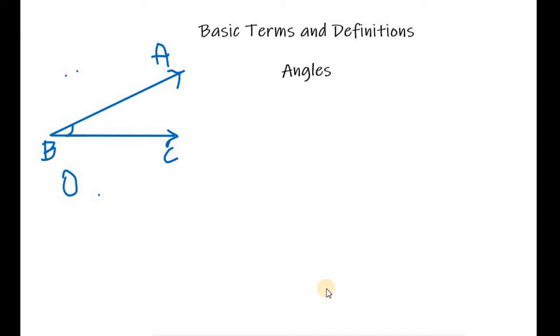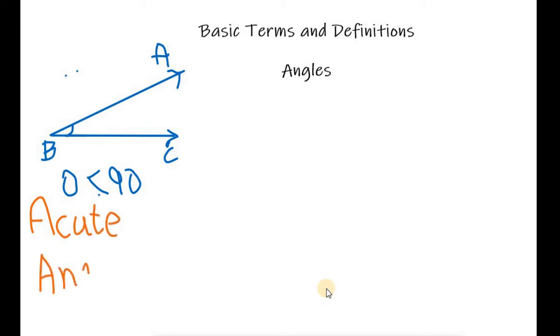Such types of angles are known as acute angles. So this is the first type of angle that we have.